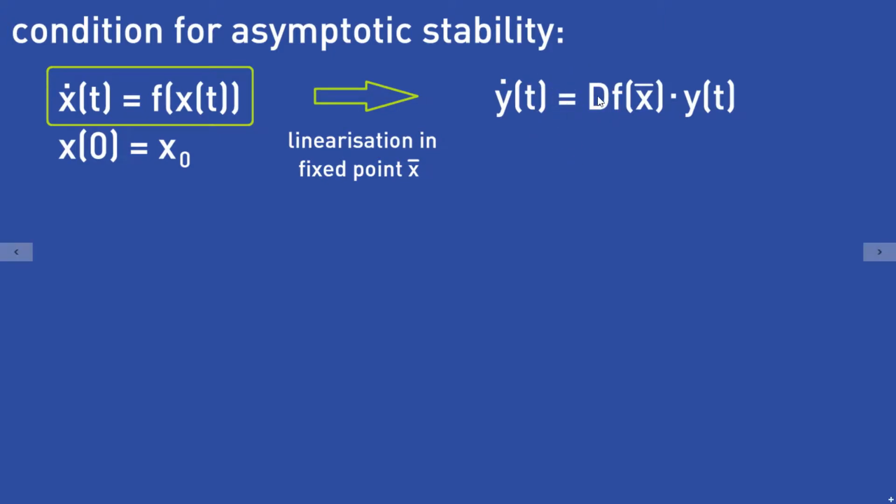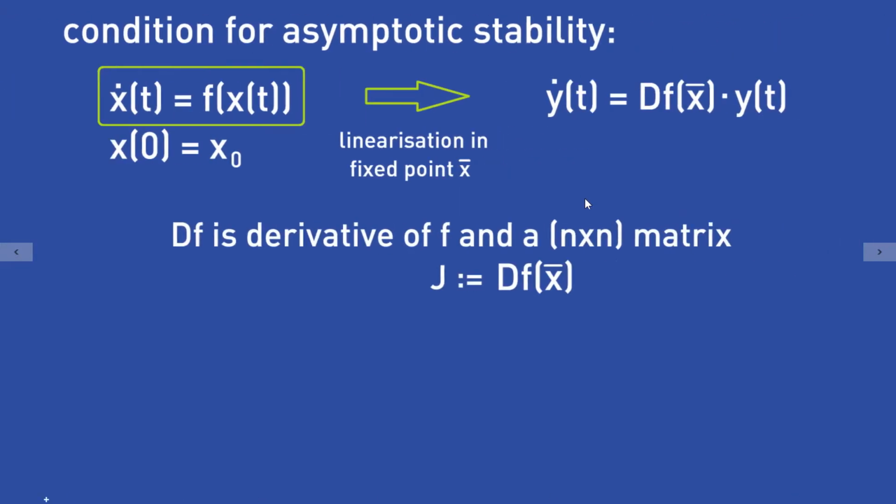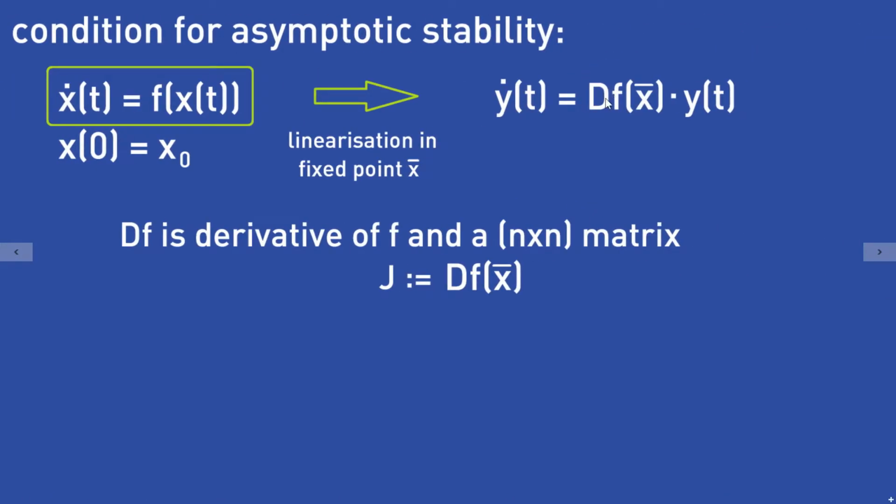This here, df, is the derivative of f, which is an n times n matrix. We have plugged x bar into the derivative of f. So let's call this matrix df at the point x bar J.